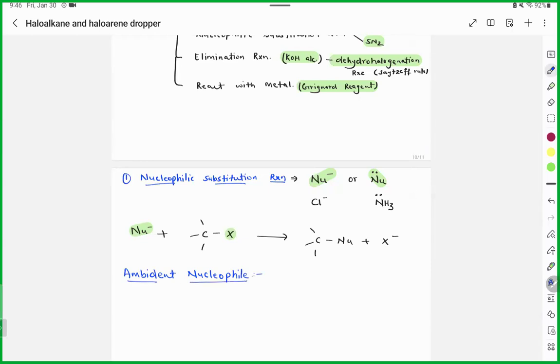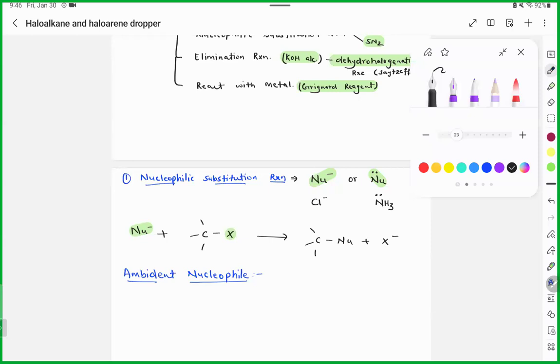There are two different centers that have extra electrons that can act as a nucleophile. An ambidentate nucleophile and an ambidentate ligand are exactly the same. It has more sites, but only one of them is attached. At a time, only one will donate as a ligand, and at a time, one will act as nucleophile. But there are two different options available.